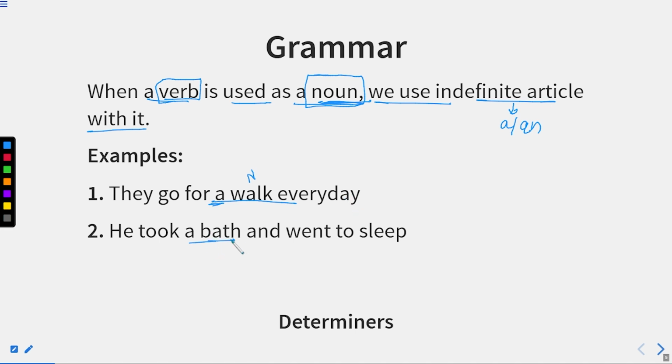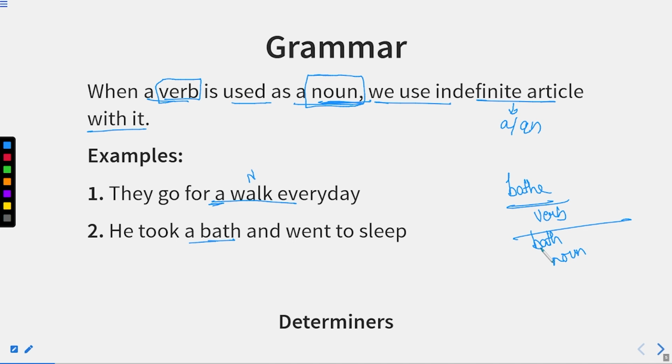Now, bath is basically a verb. Though, we have another word as well that is bathe. Now, this is verb. And bath is noun, of course. Well, this is definitely a rule that bath is a noun, whereas bathe is verb. This is actual. But we normally say that bath is a verb. But no, bath is a noun and we use an indefinite article before it.